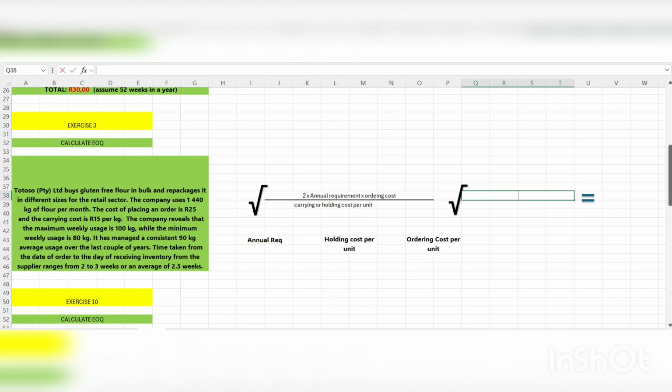Okay, so now let's first work out our annual requirement. If we look at this, we know that they are using 1,440 every month, but it doesn't tell us how many weeks. It tells us the minimum and the maximum kgs that they're using each week, but remember, we want the annual figure.